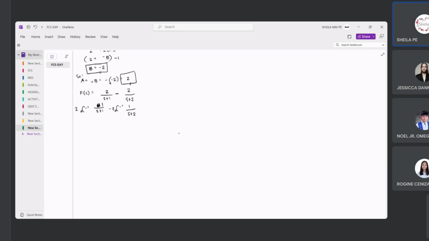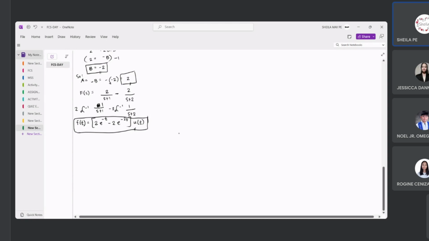Okay, so given that, f of t is 2e raised to the power of negative t minus 2e raised to the power of negative 2t, u of t. Now this is our inverse Laplace, which is already in time domain.